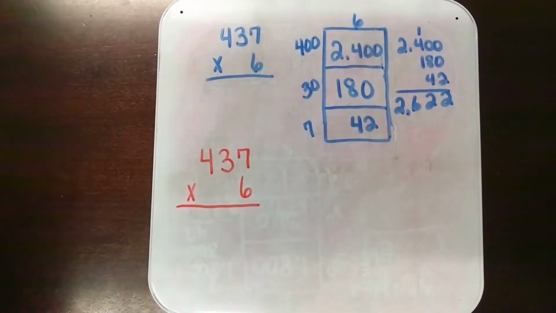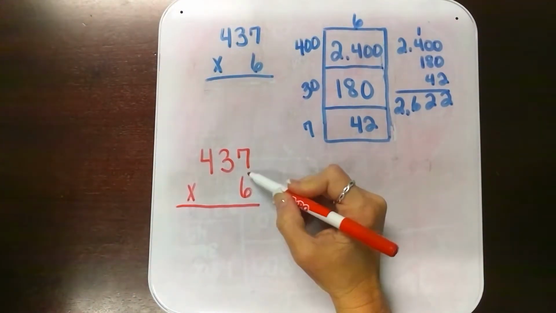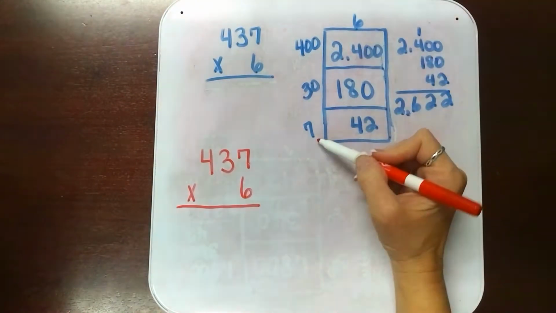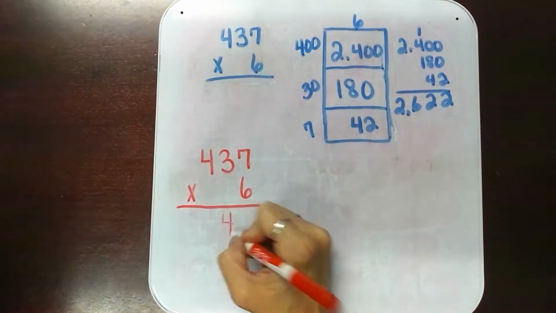I think this is important to help students understand and link what they're doing in partial products to the standard algorithm later. So we're just going to talk to students and say, okay, I'm going to multiply 6 times 7, and it's just like I did here on the area model. 6 times 7, right? So it's 42. And I'm going to put down 42.